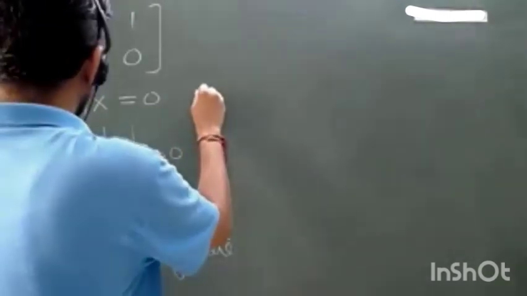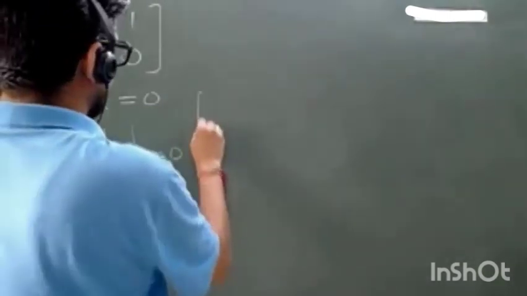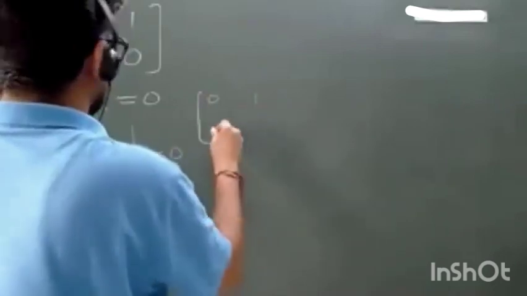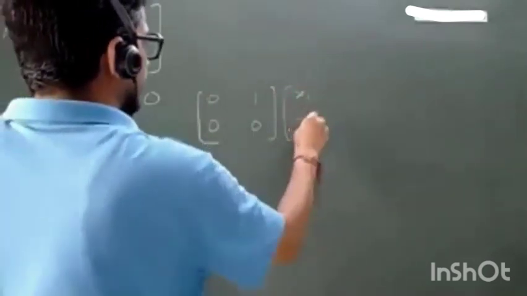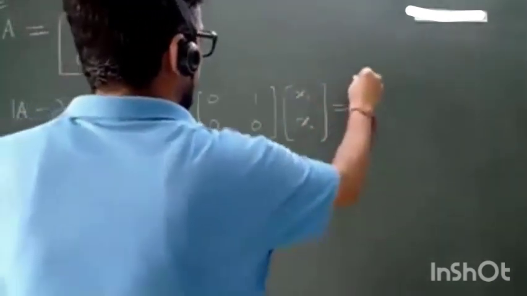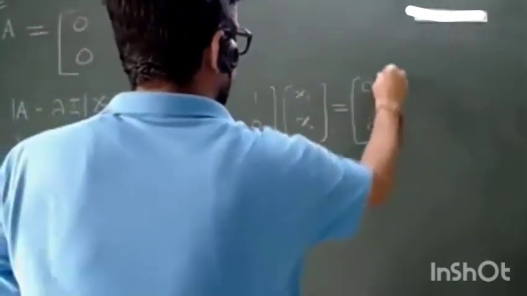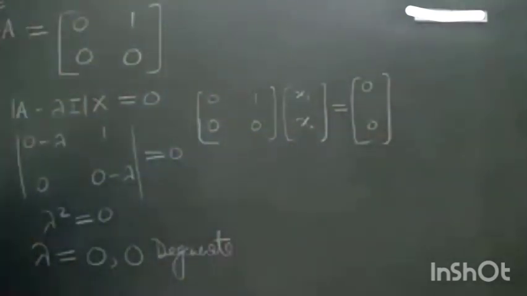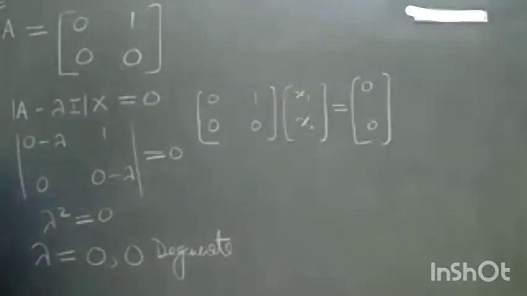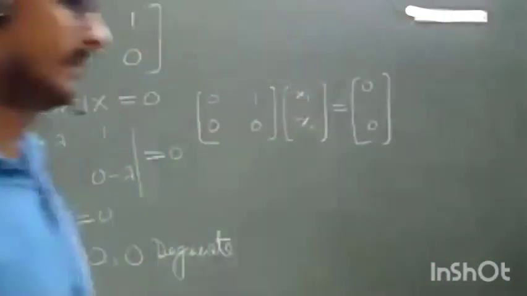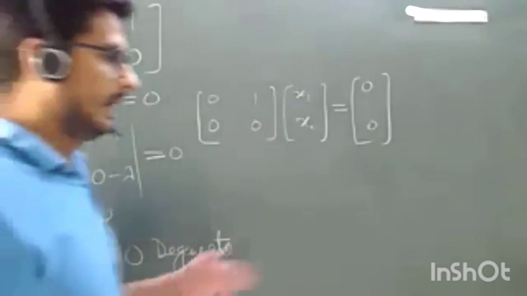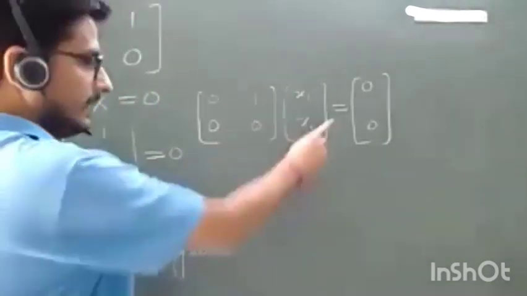It will be like this: the matrix 0, 1, 0, 0 times the vector x1, x2 is equal to 0, 0. Okay. And write the equation.